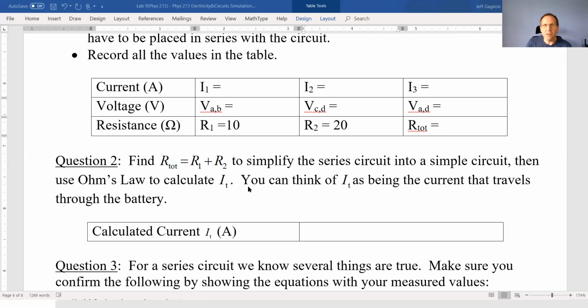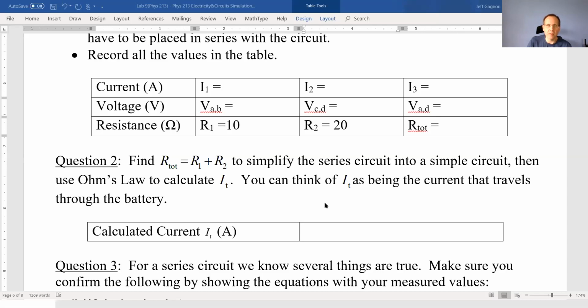So what do we use as our voltage drop? Well, you would use the voltage across the battery, right? So VAD would be your total delta V, your delta V total. And then R total would be your resistance. So I would be delta V, or VAD, over R total.